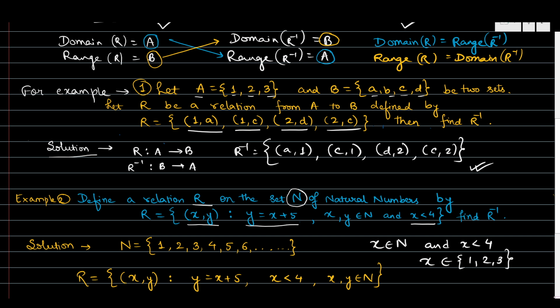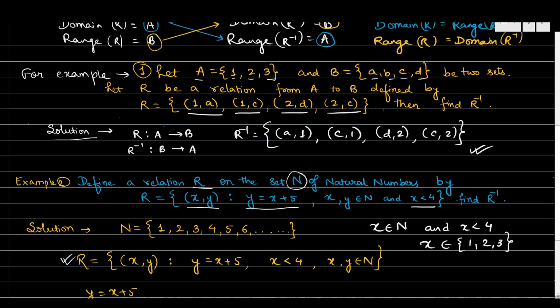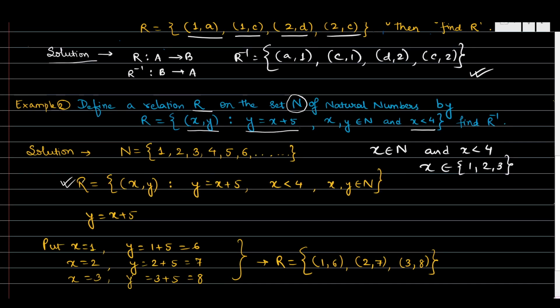So we need to find this relation first to find R inverse. First we will find R, then we will find R inverse. Now see, R is of the form this, and we need to satisfy these two conditions as well. So x takes values from 1, 2 and 3, y equals x plus 5. So put x equals to 1, we get y equals 1 plus 5, which is 6.